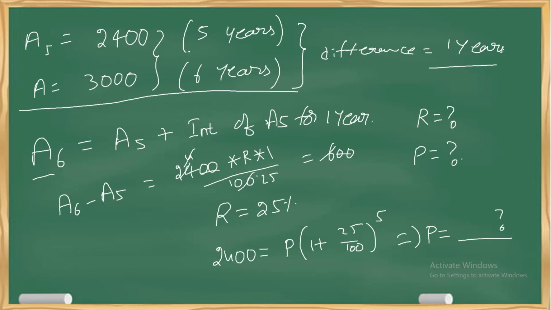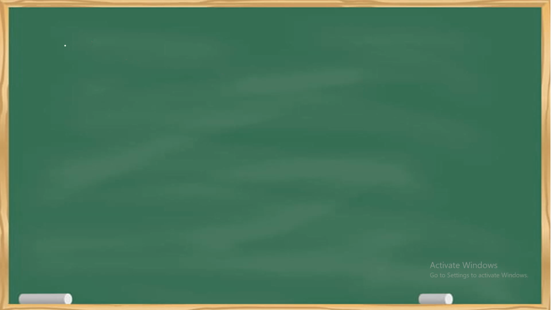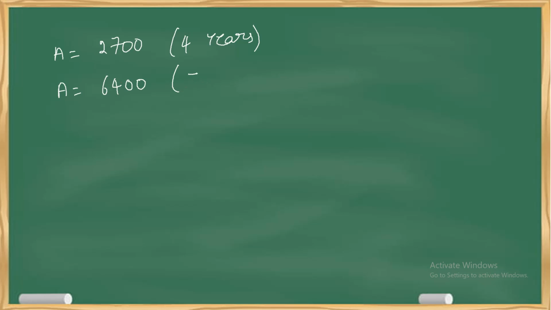See, this question is when this is 5 years and this is 6 years, or this is 6 years and 7 years, if the difference is 1 year. If the difference is more than 1 year, assume the amount is 2700 after 4 years, and the same amount is 6400 after 7 years.